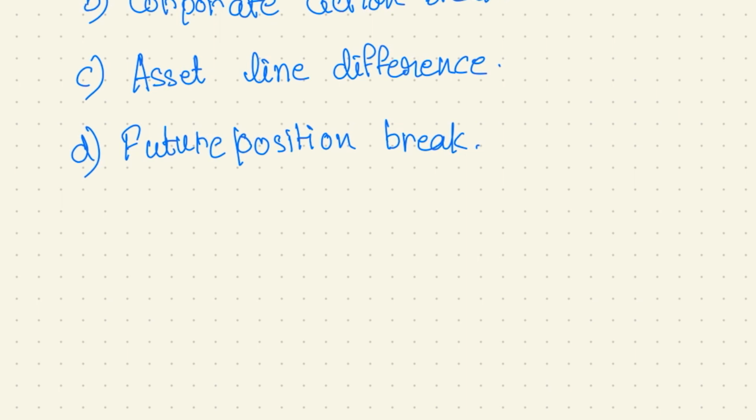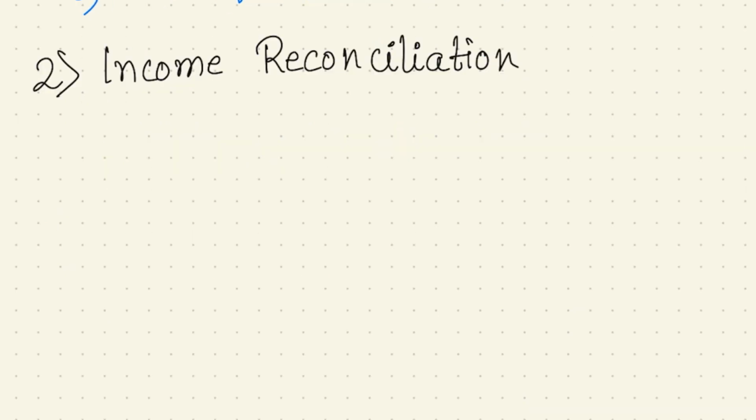Next we will be talking about another kind of reconciliation, the income reconciliation. We do income reconciliation at the accrual level. Why? Because if it moves from accrual to payment, it will go into the cash bucket, and any break in that position will come into your cash reconciliation.